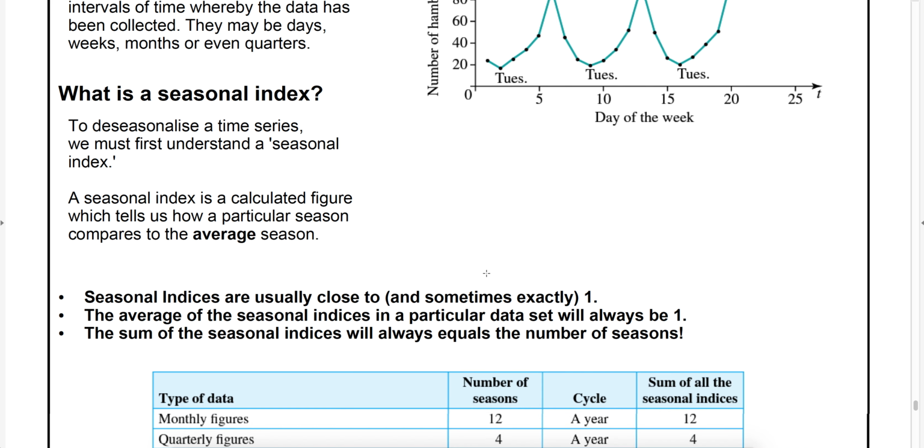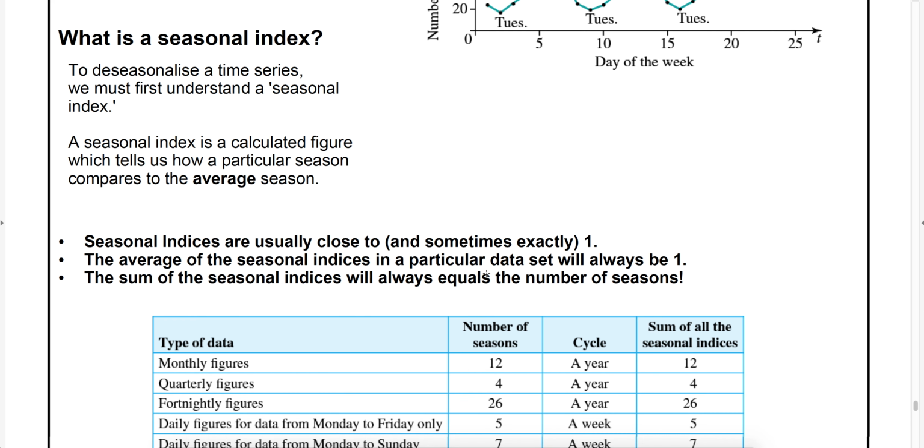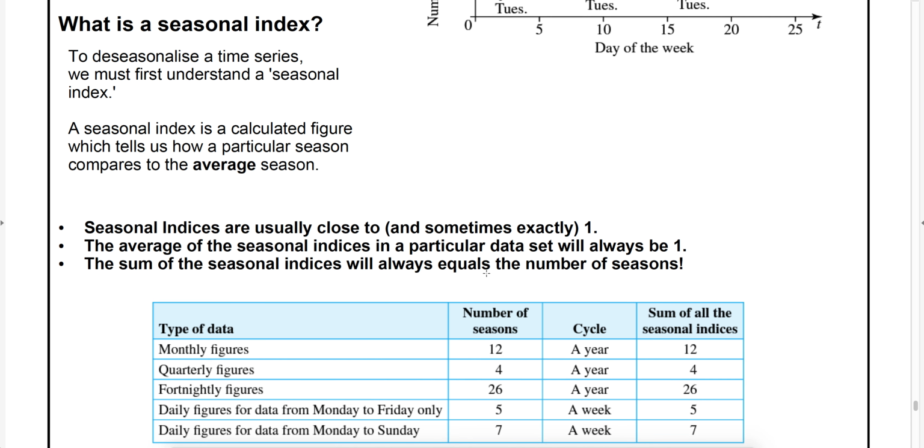So what is a seasonal index? When you're looking at indices, that's the plural, you are looking at a particular figure, and it's a figure that you're going to be calculating based on the data that you have. So it's a calculated figure, and it's giving us a comparison.